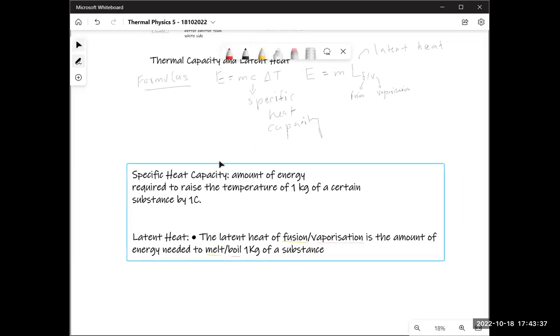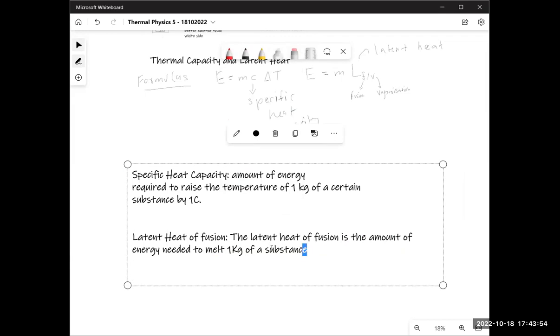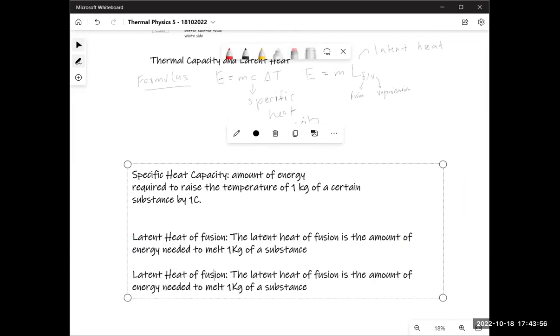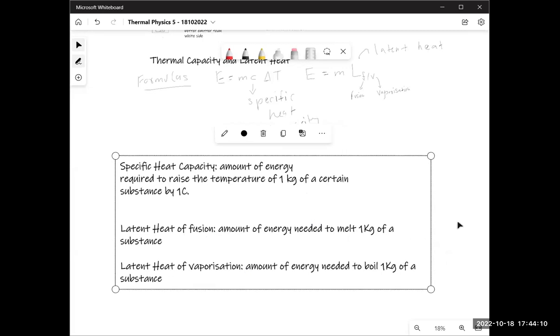These are actually two formulas. First, finish writing the first one. And latent heat of fusion is this. And latent heat of vaporization is exactly the same. Boil. Now write it. Tell me when you're done.